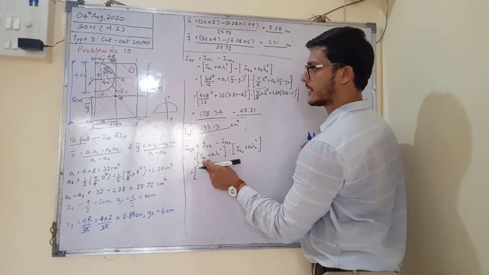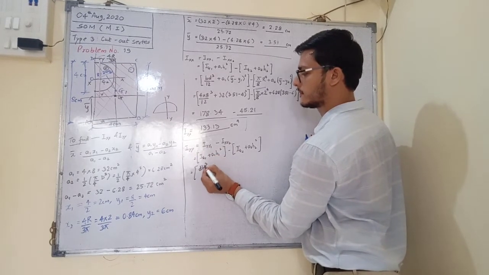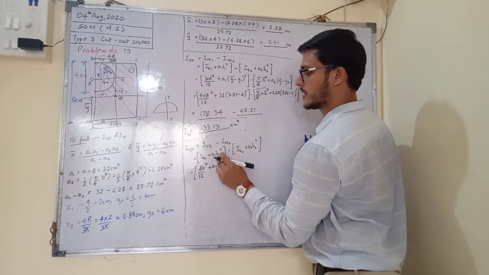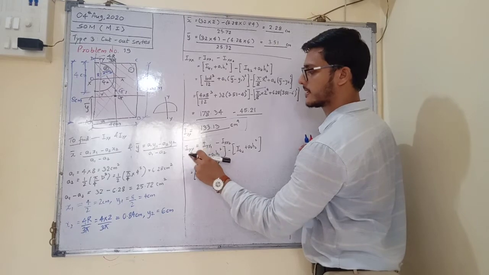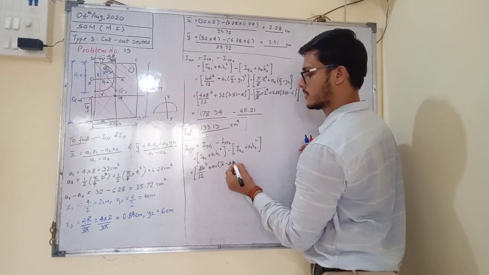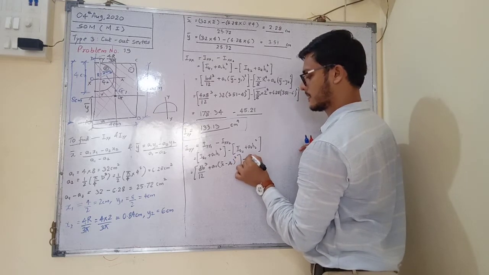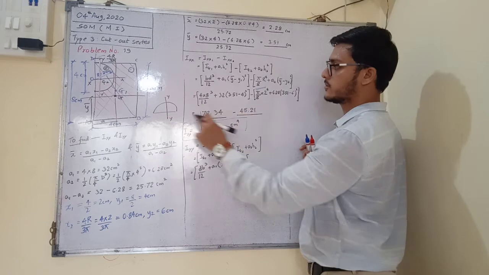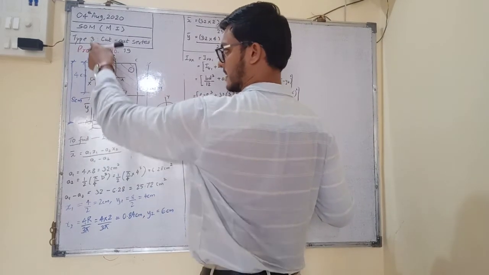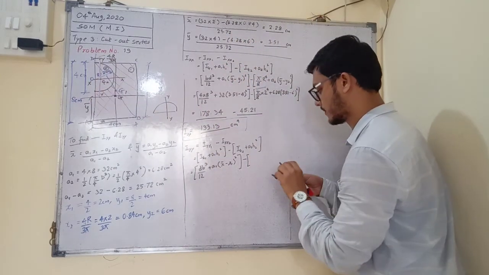Moment of inertia of rectangle along y-axis is db cube by 12 plus a1 as it is. h1 here will be x bar minus x1. Since it is Iyy, x bar minus x1 square. First square bracket is done, minus Ig2. Ig2, moment of inertia of semicircle along y-axis, will be 0.11 r raised to 4.